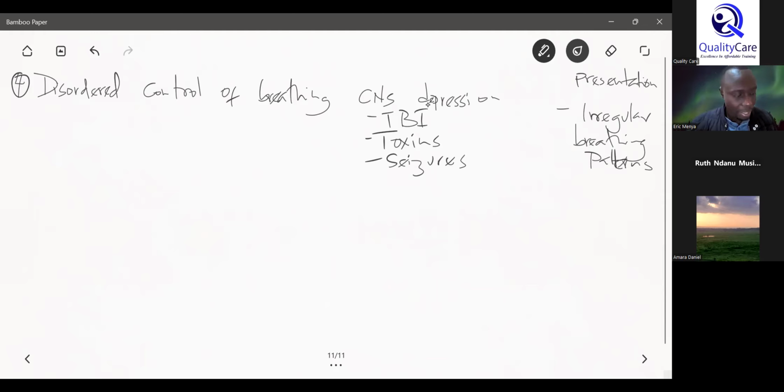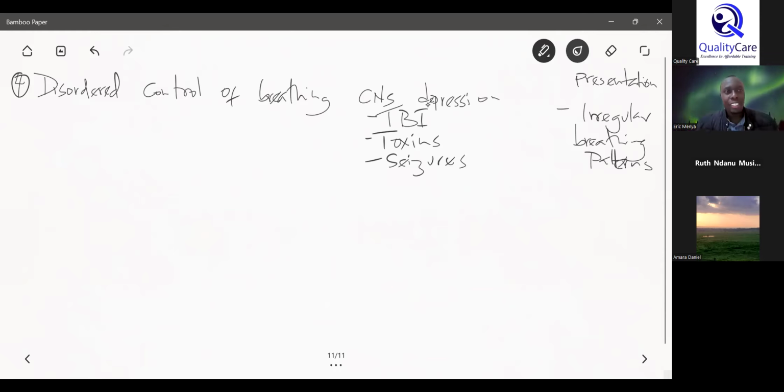An irregular breathing pattern can be a sign of disordered control of breathing. Okay, there are other causes as well, such as tumors, hydrocephaly, and all that. But anything that causes CNS depression will result in a disordered control of breathing. So you want to find out what exactly is causing the problem.